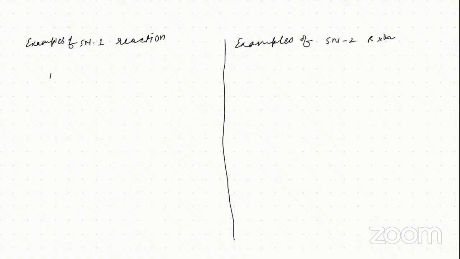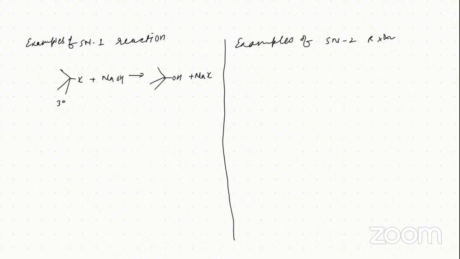Suppose I have RX; otherwise you can write it in a different form. Suppose I write this one and you are treating it with NaOH. This is a 3 degree alkyl halide, so it is going to give R-OH plus NaX.